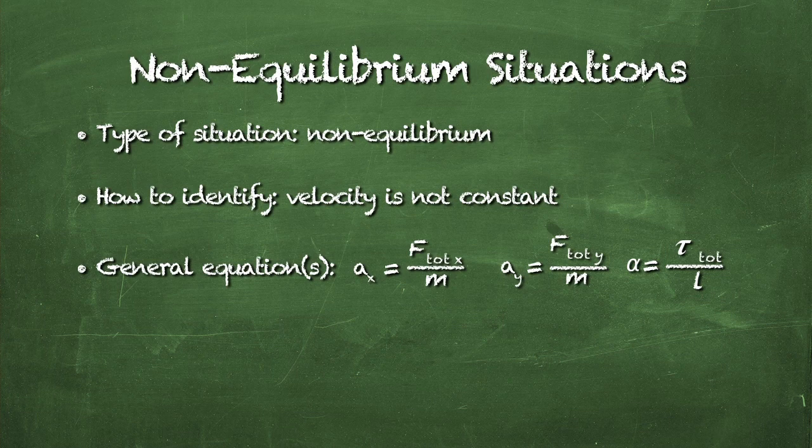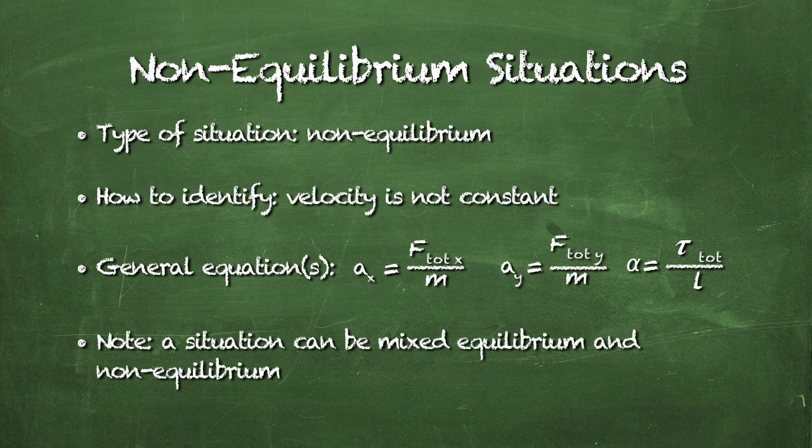The acceleration in the y direction is the total force in the y direction divided by the mass of the object. And the angular acceleration of the object is the total torque on the object divided by the object's rotational inertia. Now note that a situation can be mixed equilibrium and non-equilibrium.